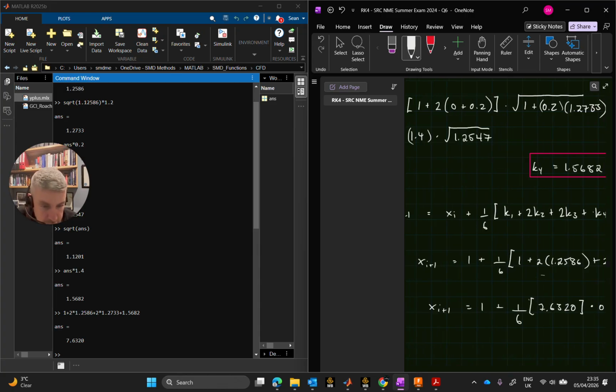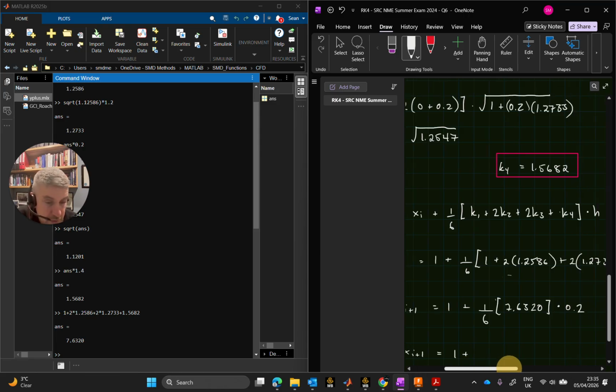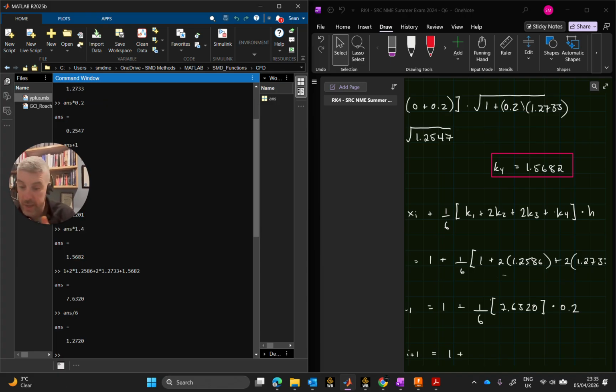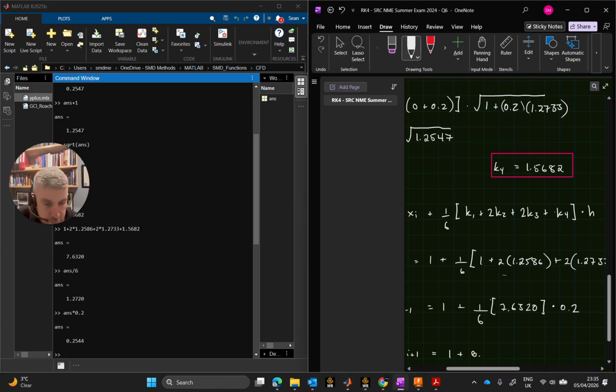So therefore x of i plus 1 is equal to 1 plus this adjustment. So I'm going to take my answer here and divide by 6. That gives me an average K, 1.2720. And then I'm going to multiply that there by my step size to get an adjusted height, which is 0.2544.